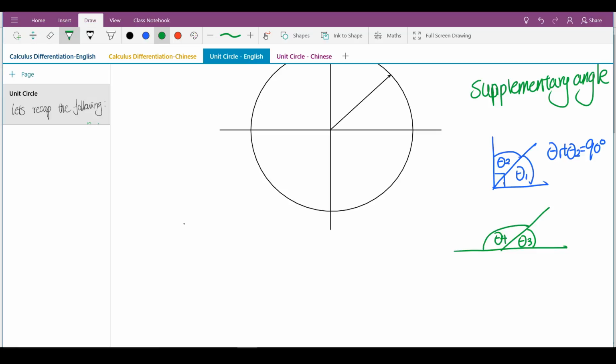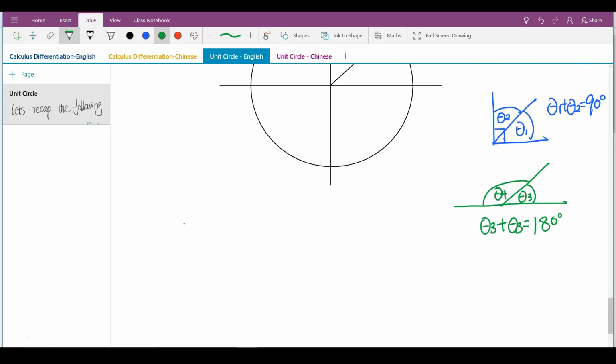These two are supplementary angles to each other, because theta 3 plus theta 4 must equal 180 degrees, because that's how many degrees are in a straight line. So we can say theta 3 is the supplementary angle of theta 4, or theta 4 is the supplementary angle of theta 3.